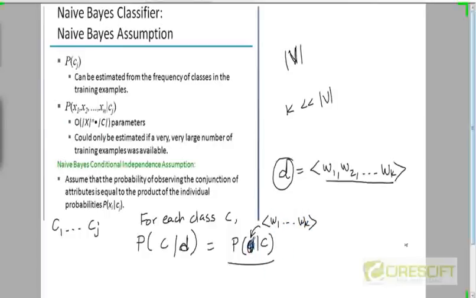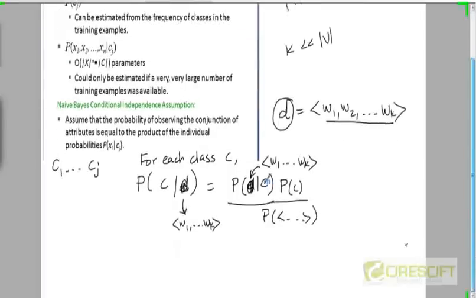So these are the K words that appear in D. Given that the document is from class C, what is the probability that it will have the K words W1 to WK in it, multiplied by the probability of C divided by the probability of the document. So given the document having these K words, what is the probability that it falls into class C? That's given by the right hand side here.